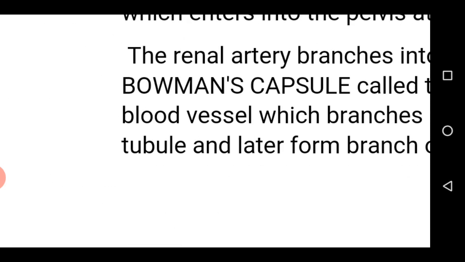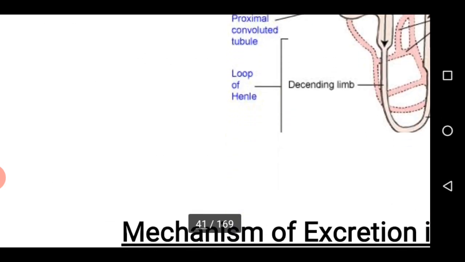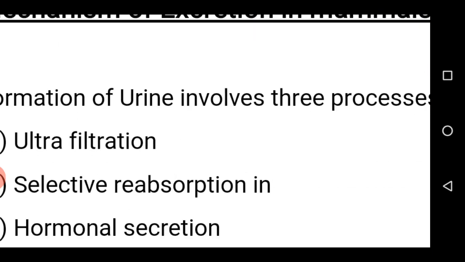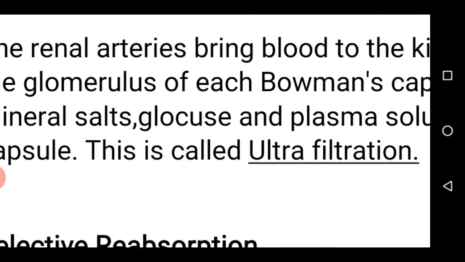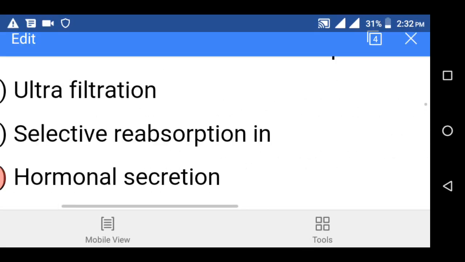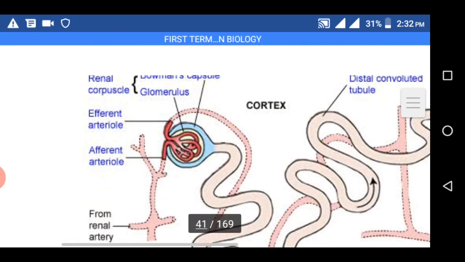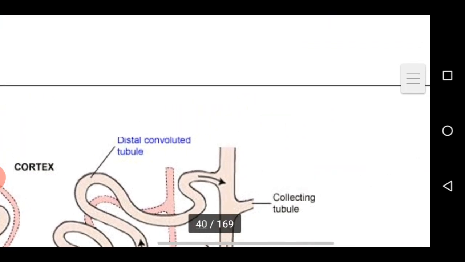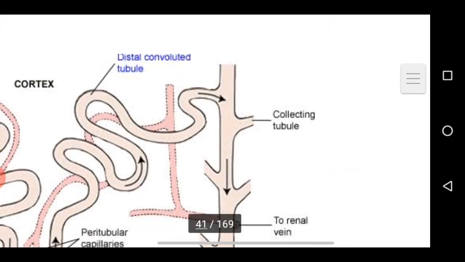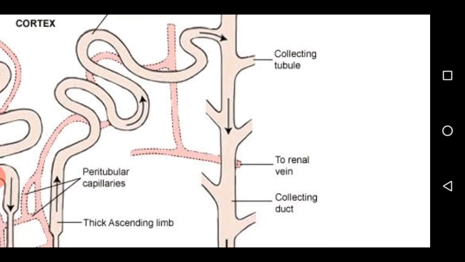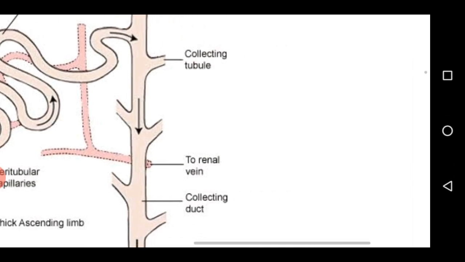Now we move to the mechanism of excretion in plants. Okay, before I go to that, after the urine has been formed, the material is dropped around the pelvis, this is the pelvic region.